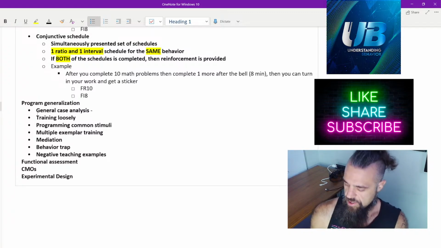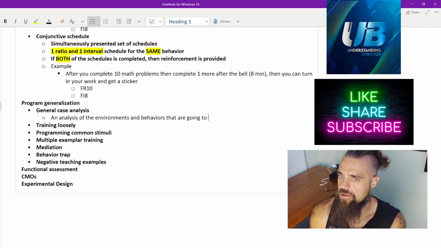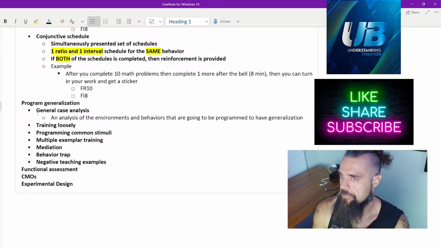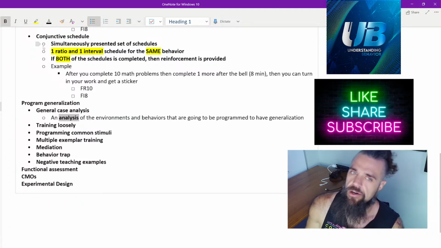So this is essentially an analysis of the environments and behaviors that are going to be programmed to have generalization. In this one, we're not really doing anything. Focus on that word, analysis.